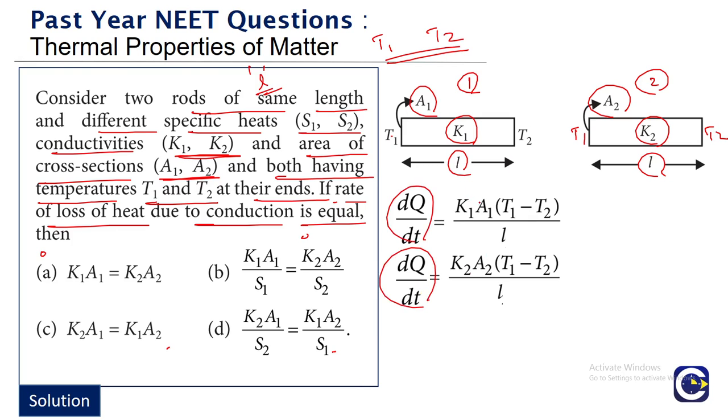So what is the formula for the conduction power? K into area of cross section into delta T, the temperature difference between the ends, divided by the length.